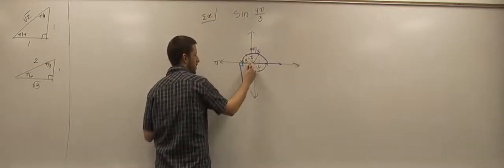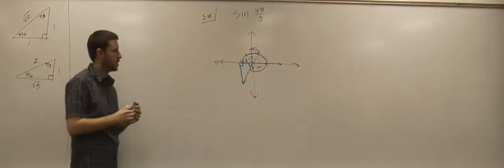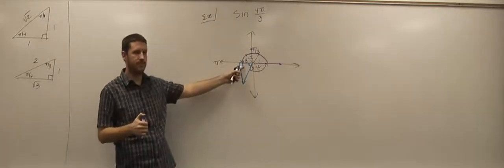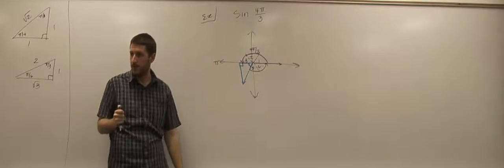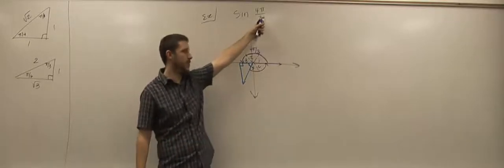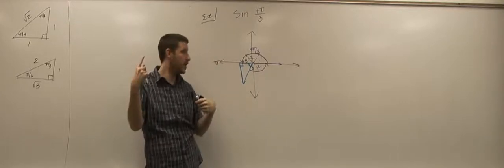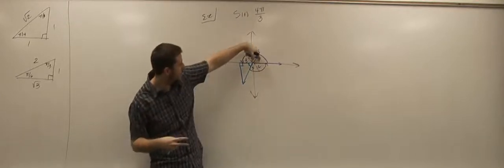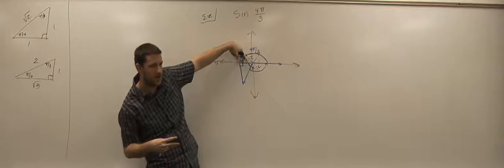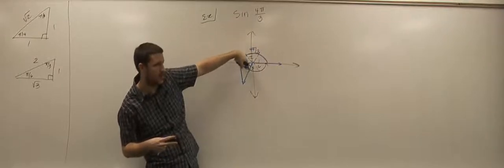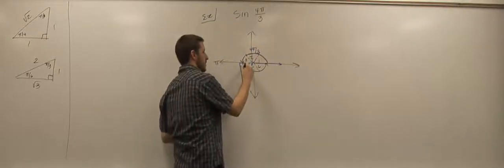And why? So what's this leftover portion? Pi over 3. If you ever have an angle that has a denominator of 3, if it doesn't reduce, the reference angle is pi over 3. That's one way. Another way is just look at what happened. We went 1 pi over 3, 2 pi over 3, 3 pi over 3, and then we went an extra pi over 3. So this guy's pi over 3.